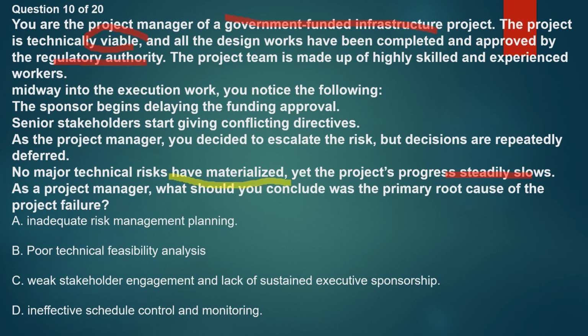So there's no issue with the design. The project team is made up of highly skilled workers, take note of this. Midway into the execution work, you notice the following. The sponsor begins delaying funding approval. Senior stakeholders start giving conflicting directives.